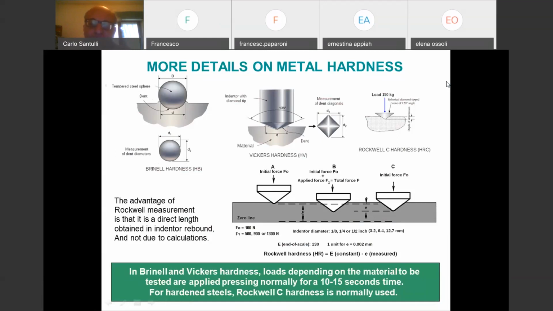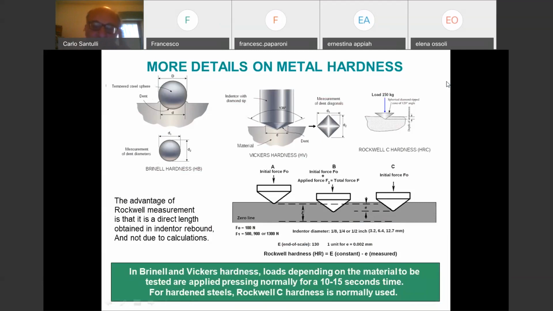Your measurement is done on the length that it penetrates.